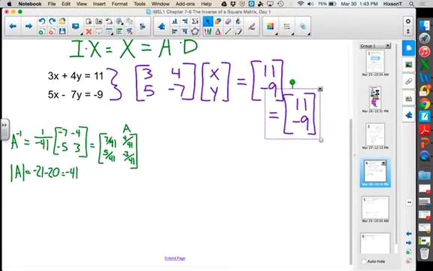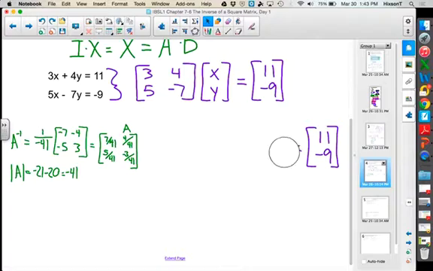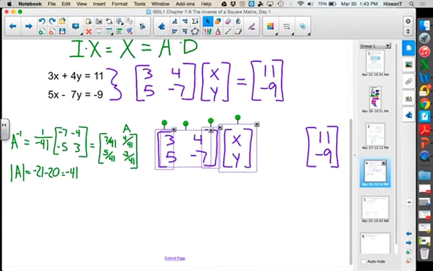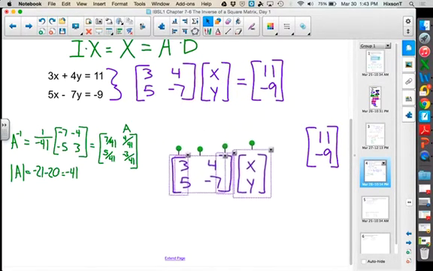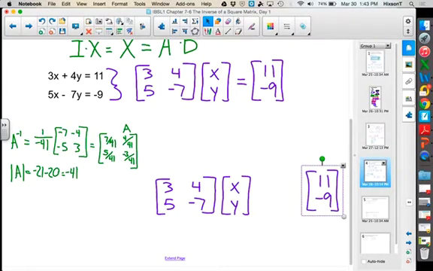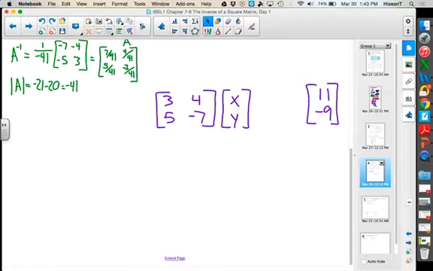When we go to multiply both sides of the equation by this, it's actually not as bad as you might think.